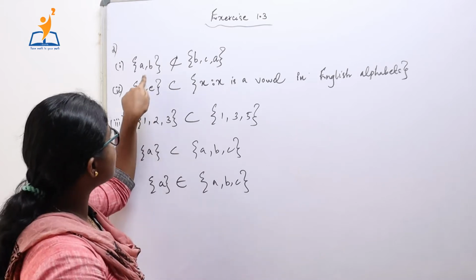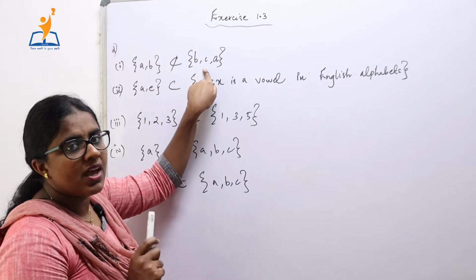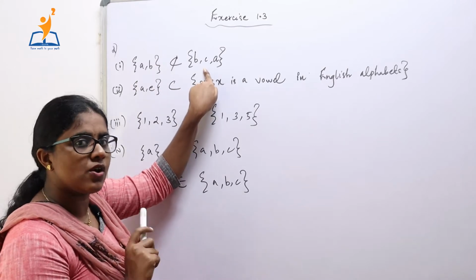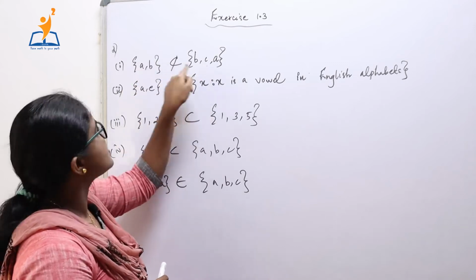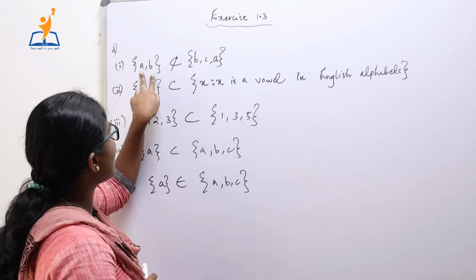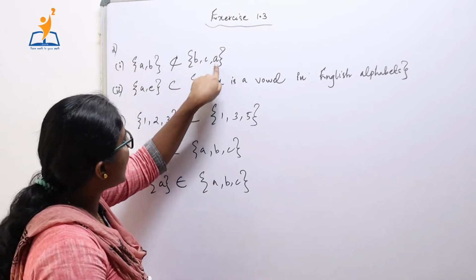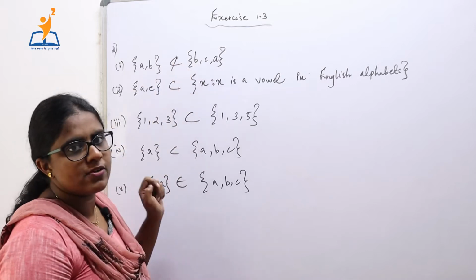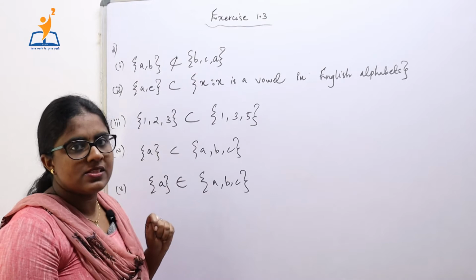It is given that this particular set is not a subset of this one. We have to check whether this is a subset or not. For this to be a subset of this set, I have to check whether A and B belong to this particular set. Here we can find A and here we can find B also. So we can say that this set is a subset of this set.